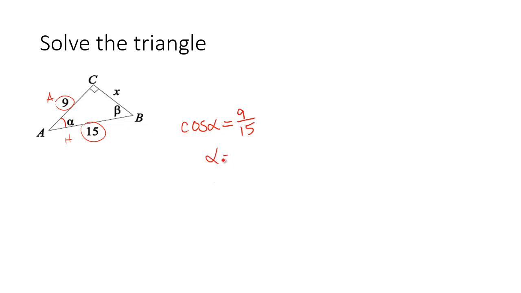To find alpha, I'll need the cos inverse of 9 over 15. And the cos inverse of 9 over 15 is approximately 53 degrees. So we found alpha to be 53 degrees, therefore beta is complementary to that, which will be 37 degrees.